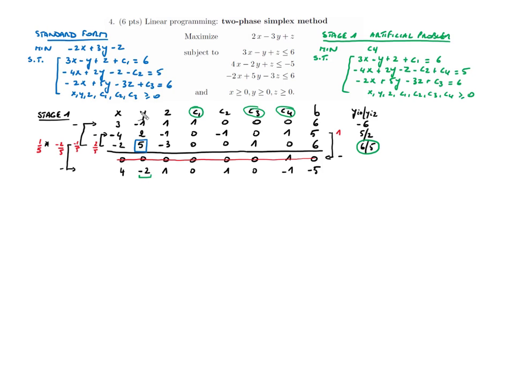So we know that y will enter the base and we need to find the variable that will leave the base. So this is why we compute this column. It will be these elements divided by the corresponding elements in this column over here. So here minus 6, 5 over 2, 6 over 5. The smallest positive coefficient, right, is this one.